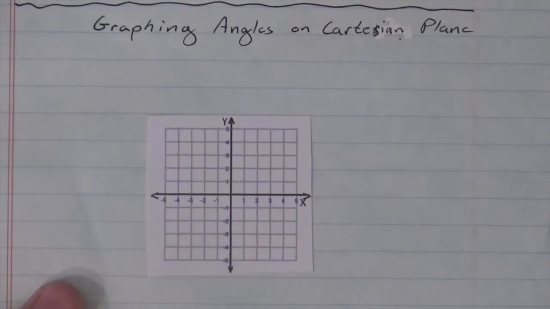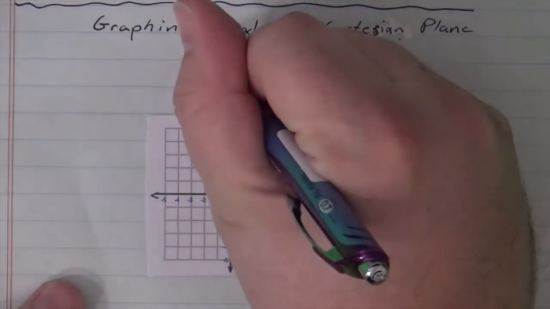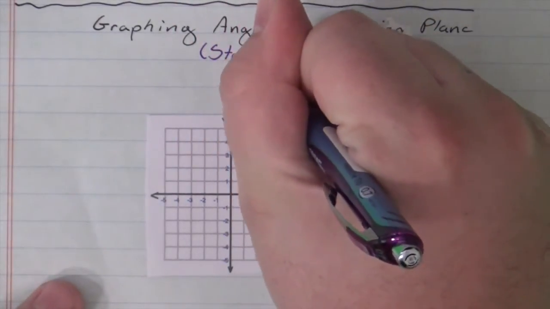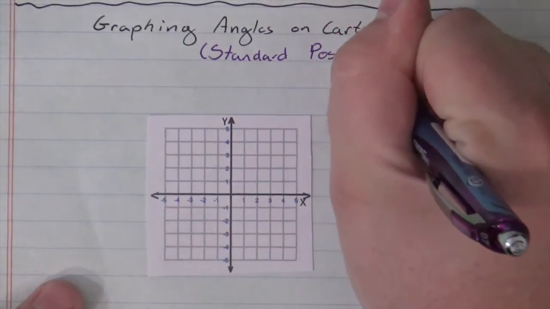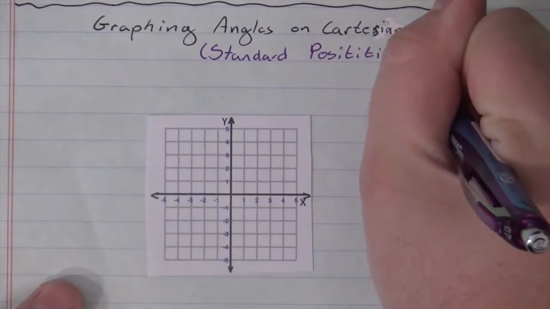Sometimes we're asked to graph degrees or radians on a Cartesian plane, and when we're asked to do that, it asks us to graph it in what's called standard position. Standard position is simply this.